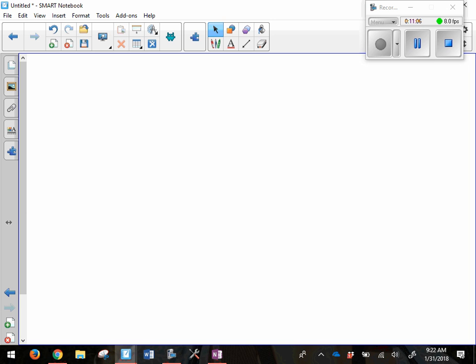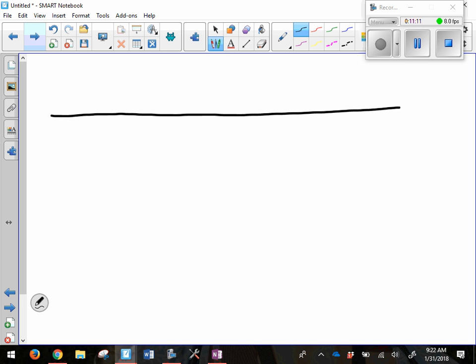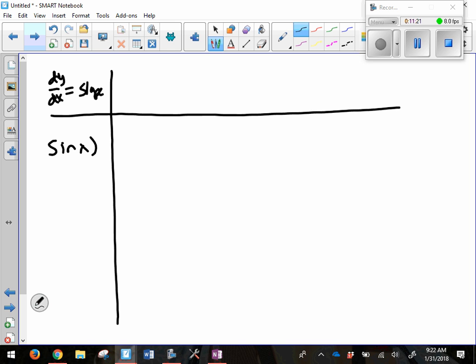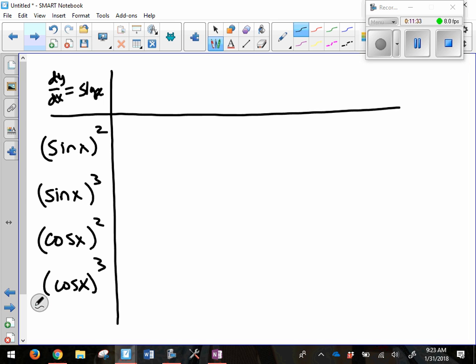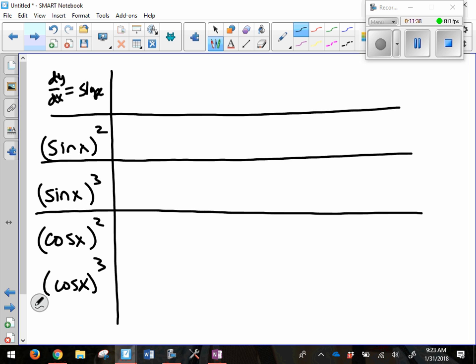So let's make a big table here. And it's going to be the dy/dx values, or the slope. And we're going to write out each function that we have. And then we're going to pick some values, like I said. Values that will be convenient for us to determine.